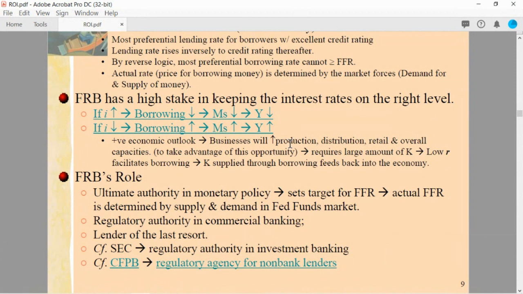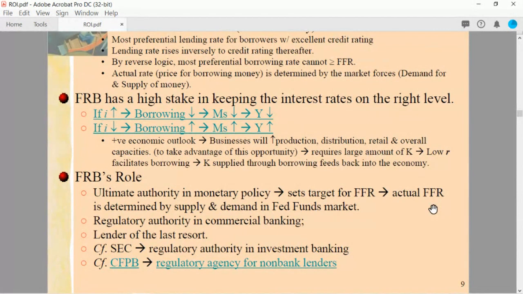I also need to talk about how the Fed funds rate and the actual lending rate are connected. I must also talk about that, but we're already out of time. But I want you to remember this.